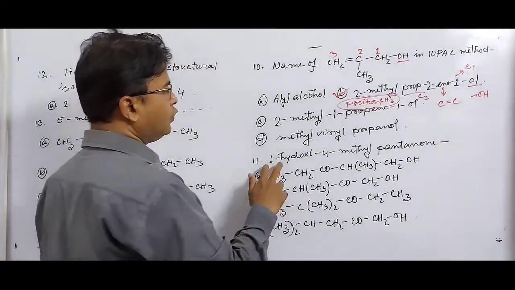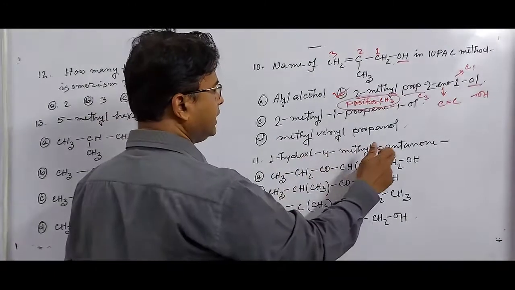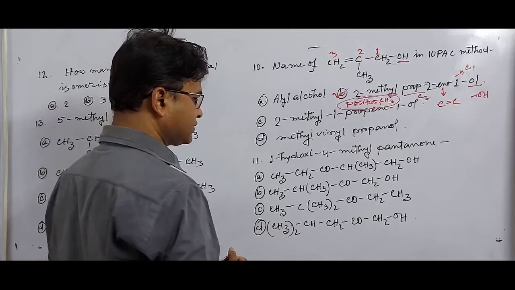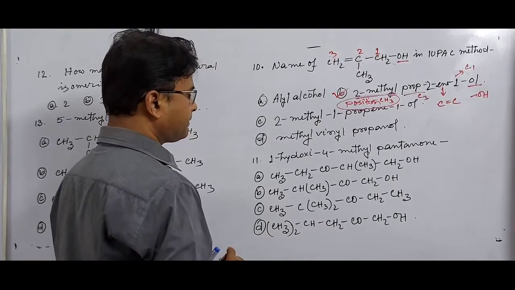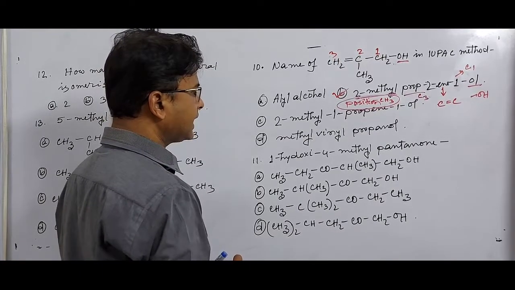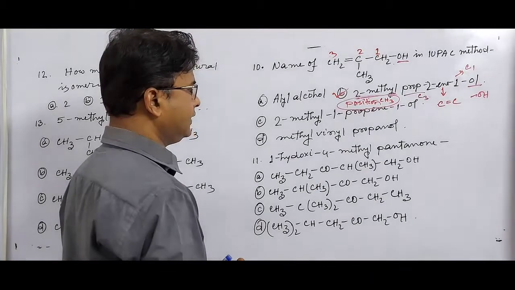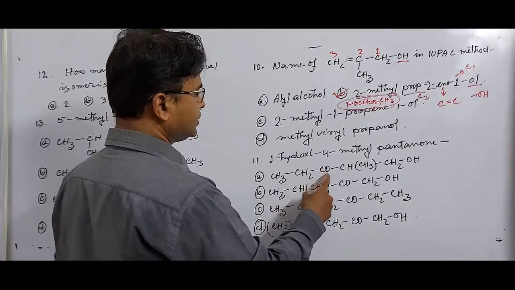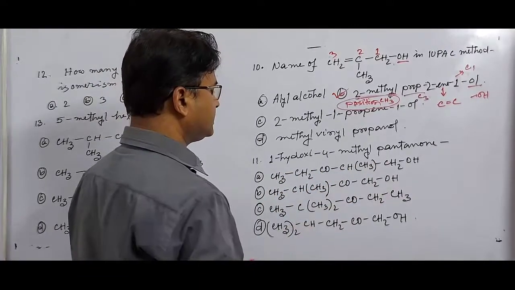And 1-hydroxy-4-methyl pentanone. Pent means 5 carbon atoms, that's why students I have to count the total number of carbon atoms: 1, 2, 3, 4, 5.